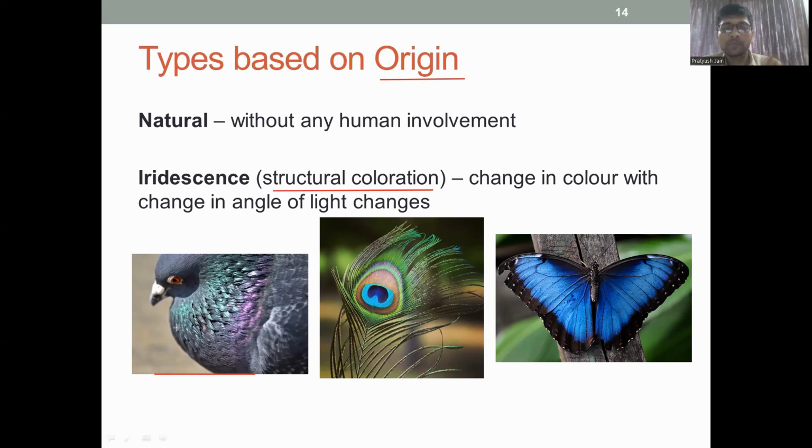When the pigeon moves its neck or the angle of light changes, because of these nanocrystals, the color also changes. Other examples of structural coloration are a peacock's feather or butterfly's wings. These are all examples of structural coloration, and these are all because of nanocrystals of wax.